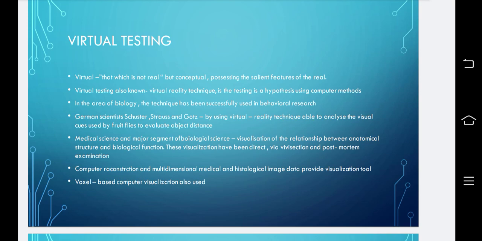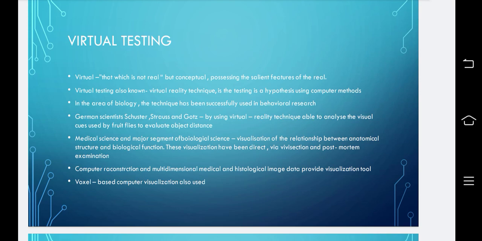Medical science and some major segments of the biological sciences rely on visualization of the relationship between anatomical structure and biological function. Traditionally, this visualization has been direct, via vivisection and post-mortem examination.